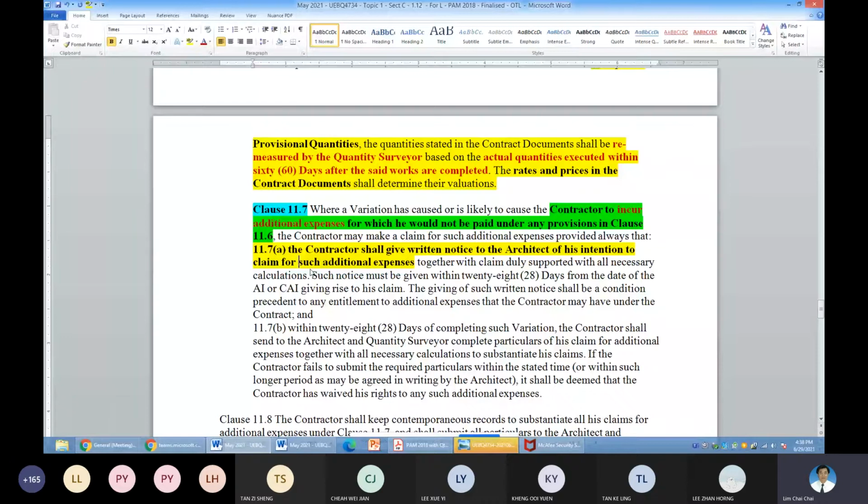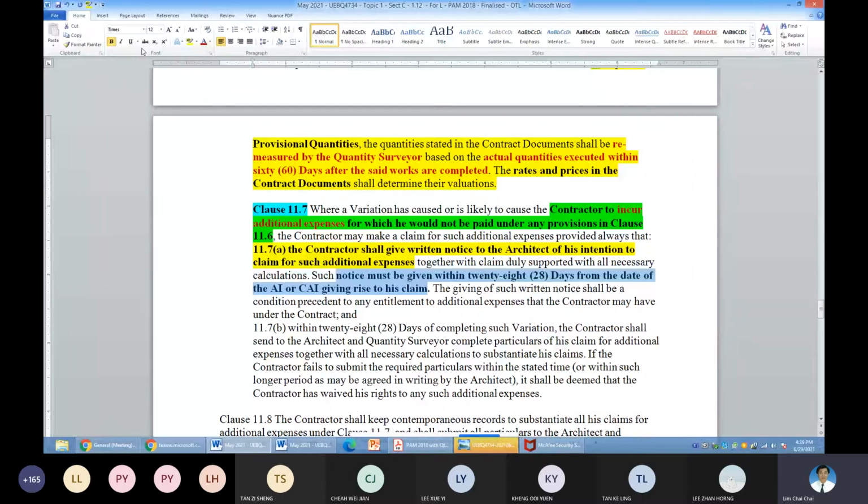Notice must be given within 28 days of the AI or CAI. That means when the architect issues the instruction, the contractor must give the notice within 28 days of the AI or the CAI. This is a very important point.